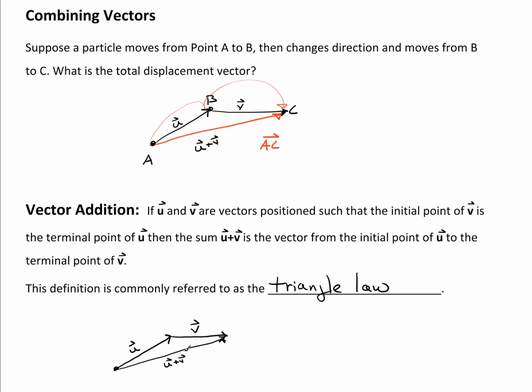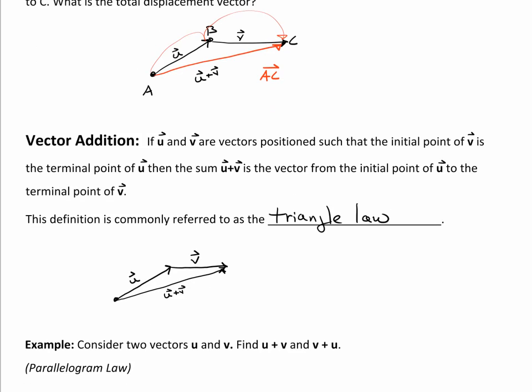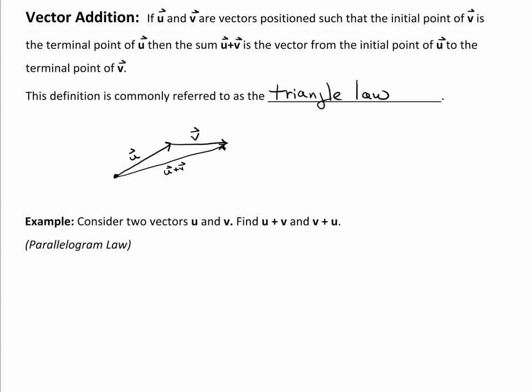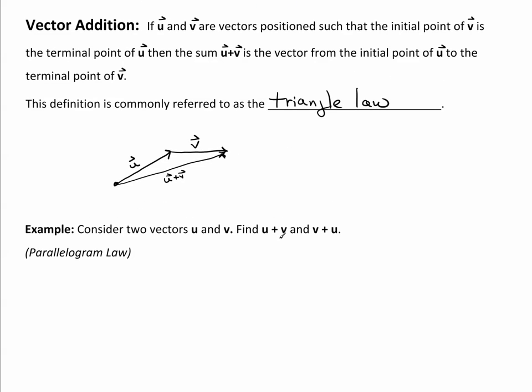Now consider two vectors, U and V, and I want to find U plus V and V plus U. Again, just for clarification early on in this topic, I'm going to put those arrows there. This introduces the idea of the parallelogram law.